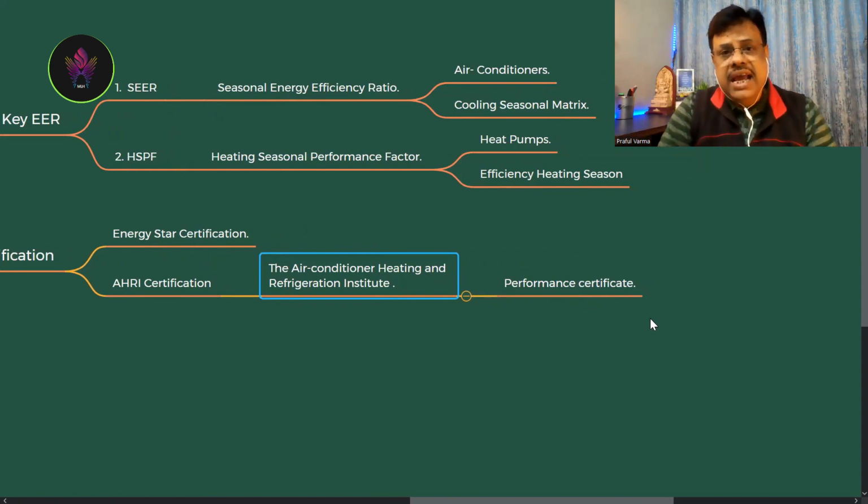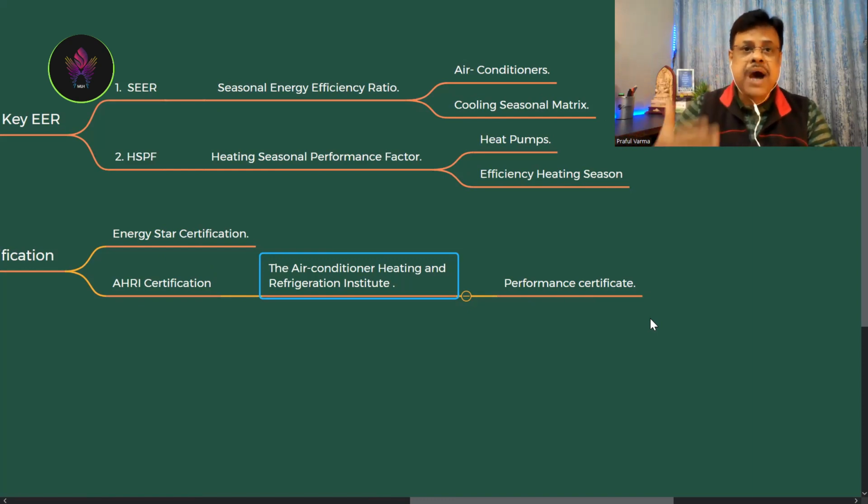This AHRI certification is used for performance, and when any product passes through it, it means that it has gone through a rigorous process and has passed all the data produced by the OEM or manufacturer.